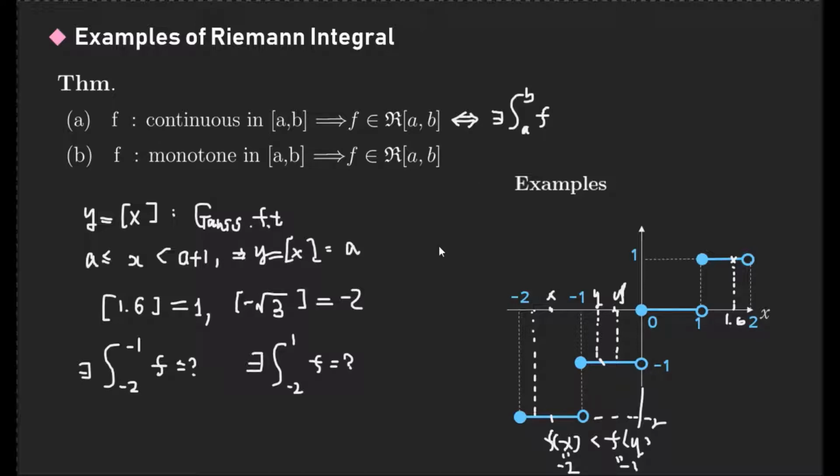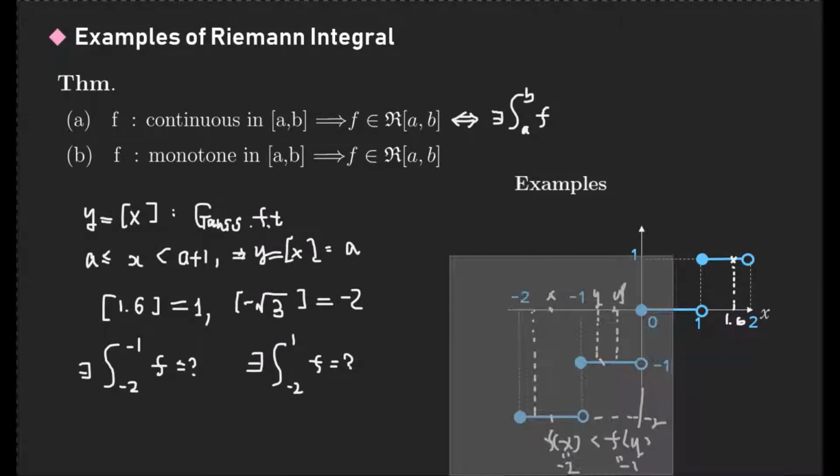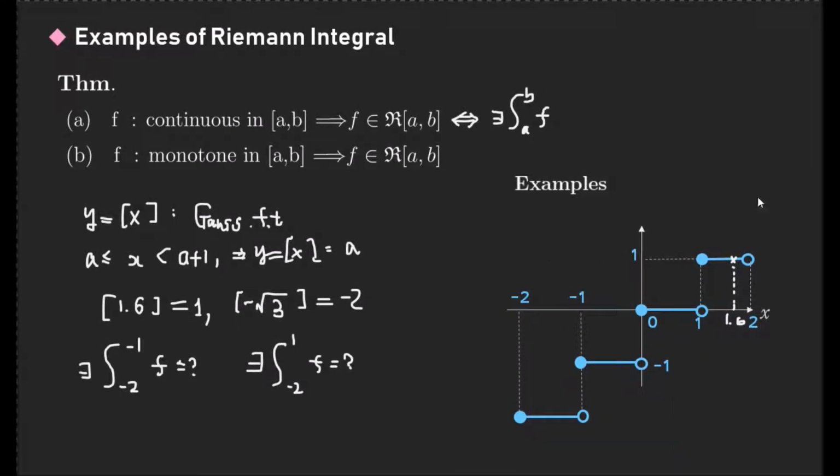If we calculate the integral of f from minus 2 to minus 1, the main problem is here. Even though the integral clearly exists by the theorem, and the Gauss function is a monotone function, at the point x equals minus 1 the Gauss function is discontinuous.